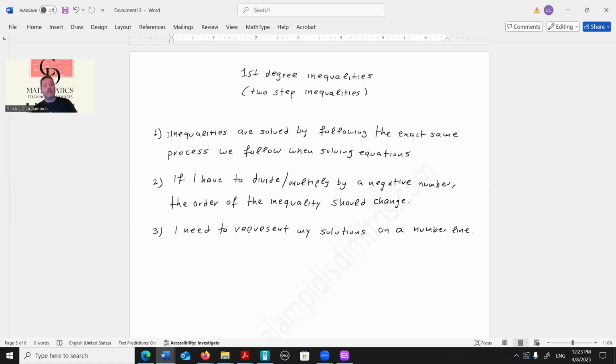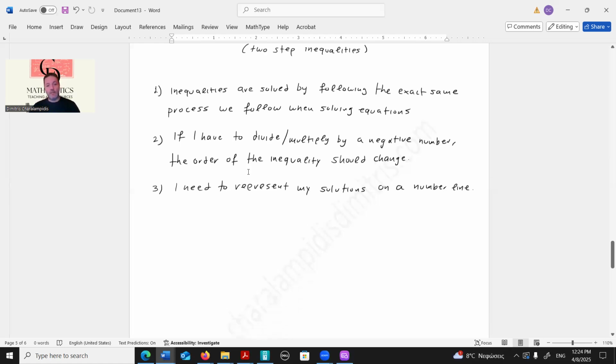At the last part, when we have to divide by the coefficient of x so that we isolate x by itself, if we have to divide by something negative, be careful. I'm not saying that when we divide a negative number, I'm saying when we divide by a negative number, then the order should change. And finally, we need to present all of our solutions on a number line.